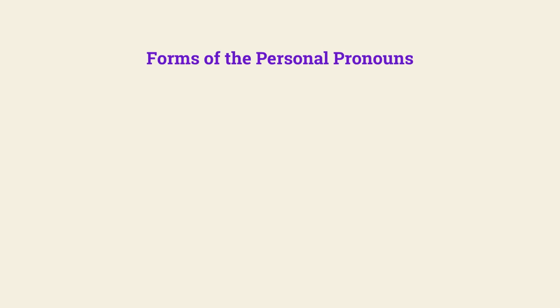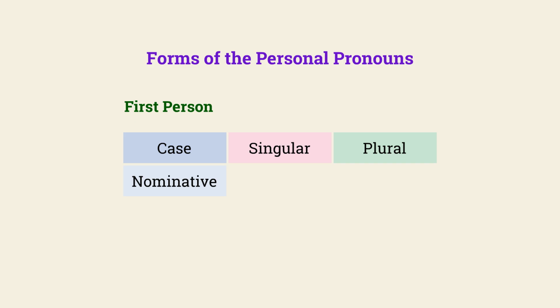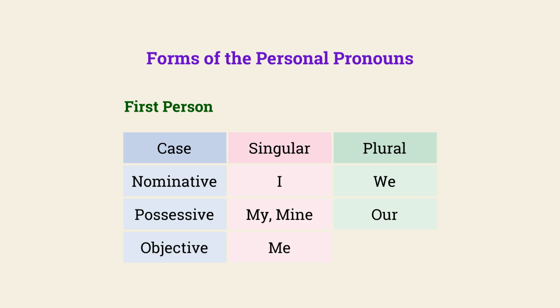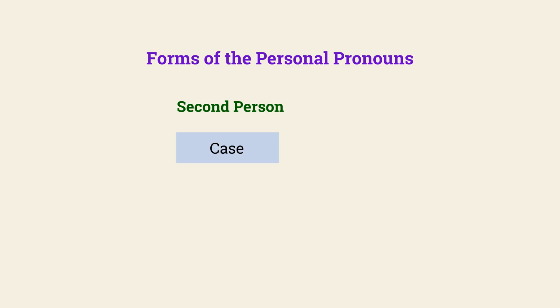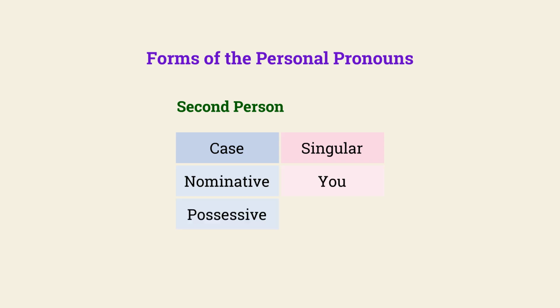Forms of the personal pronouns. First person, case, singular, plural: nominative, I, we; possessive, my, mine, our; objective, me, us. Second person, case, singular and plural: nominative, you; possessive, you; objective, you.